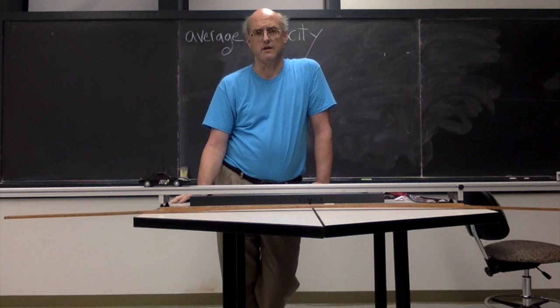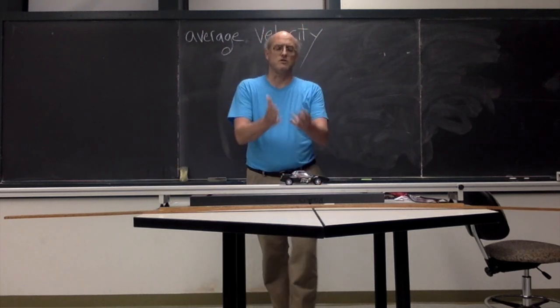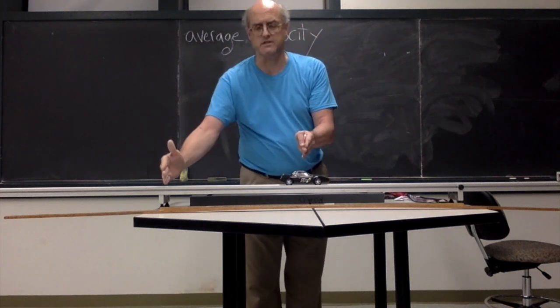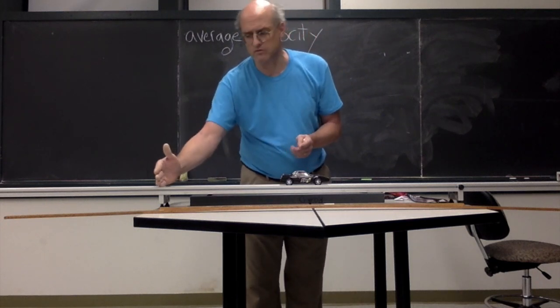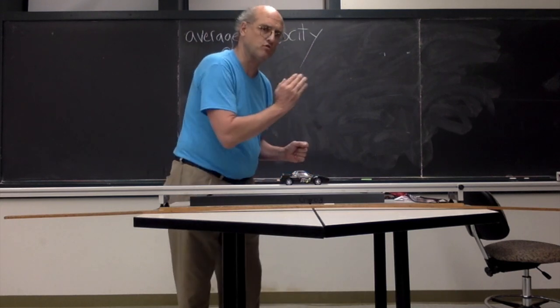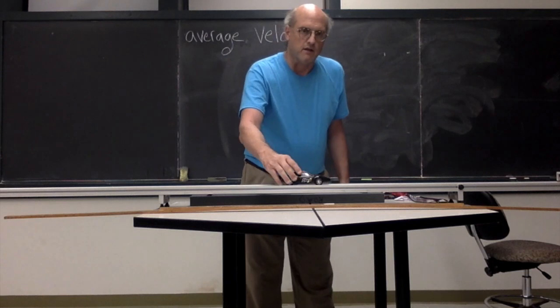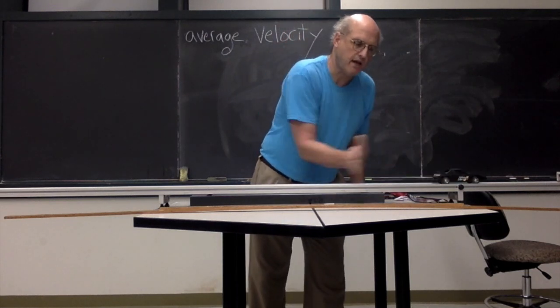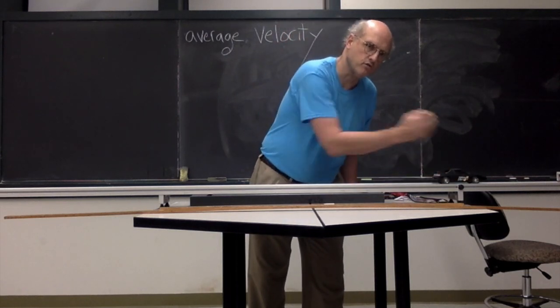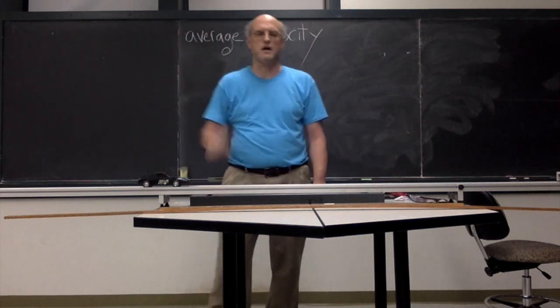Let's do another one. Let's say the vehicle starts here. Okay? So this is at the half meter position relative to the 0 meter position here, and it's to the right, so it's positive. So that's where it starts. Let's say the vehicle goes to here, so that's a half meter to the right, and then it comes back to here and stops.